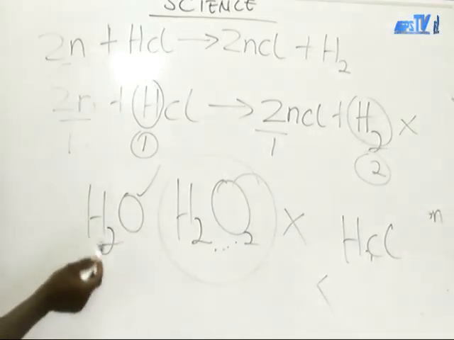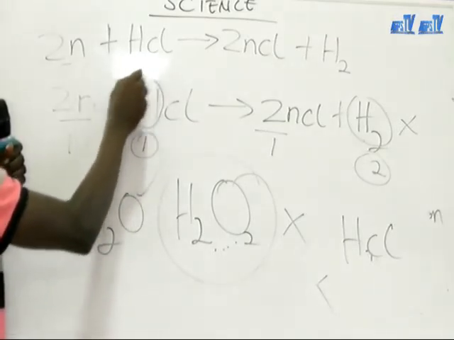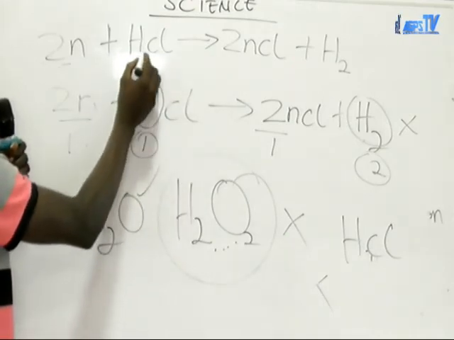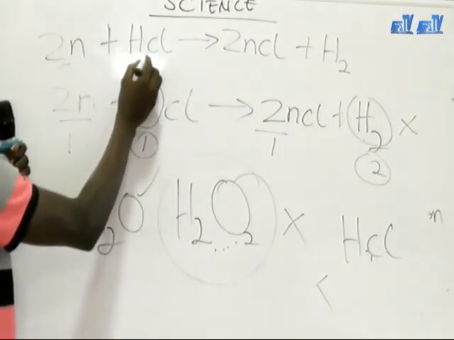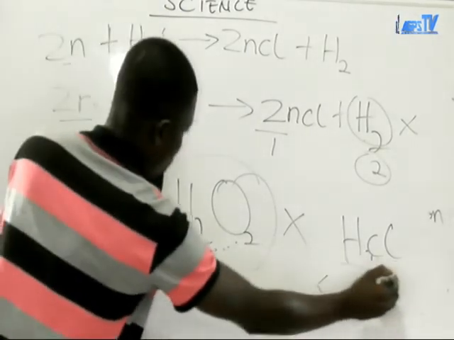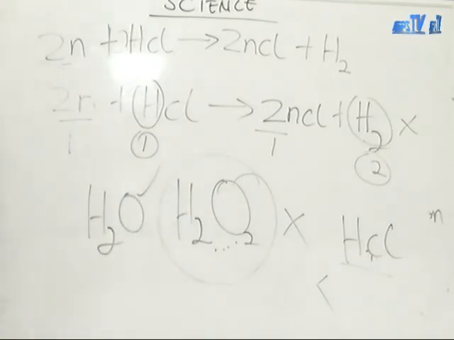So to balance the hydrogen, you cannot write the 2 inside the formula. If you write 2 there, you are wrong, because that is the chemical formula. But if you write 2 in front of the compound, it is accepted.